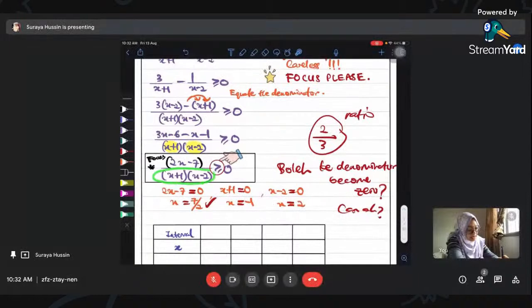Bahagian bawah ni ada nilai -1 and 2. So this number is at denominator. So of course dia tak boleh equal to 0. So kalau dia tak boleh equal to 0, dia mestilah open.